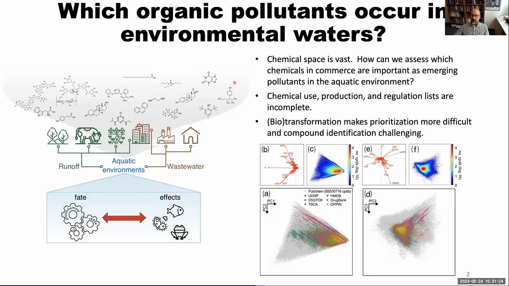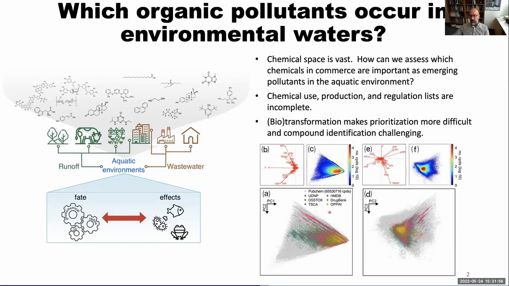One of the biggest is the vastness of chemical space. One of the big issues that we face is how do we decide which chemicals in commerce are really important when we think about emerging contaminants. At the bottom of the slide, you can see a projection of chemical space from a variety of different databases. The gray dots are 65 million molecules that were present in PubChem when I pulled this down back in about 2019.